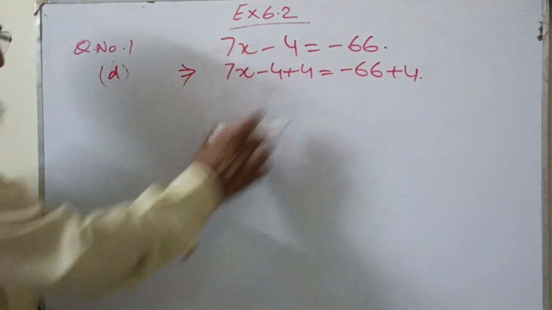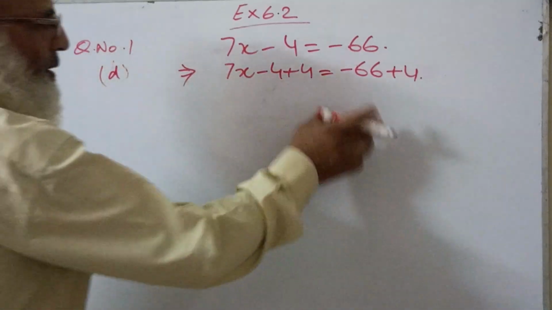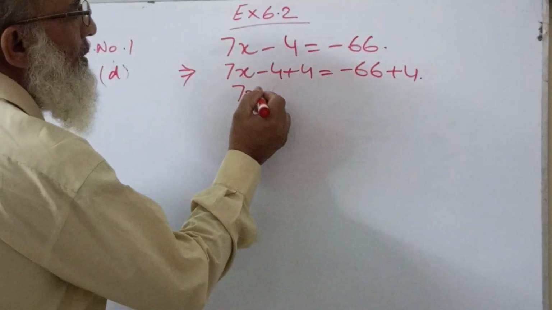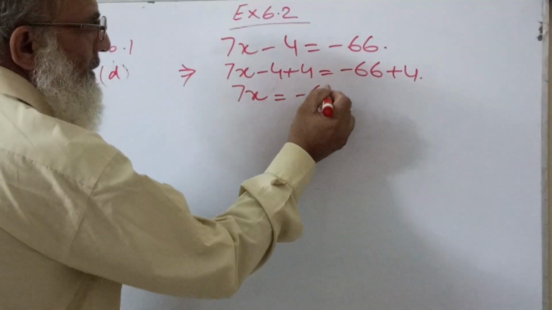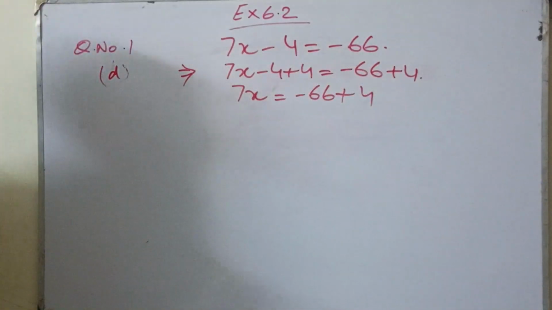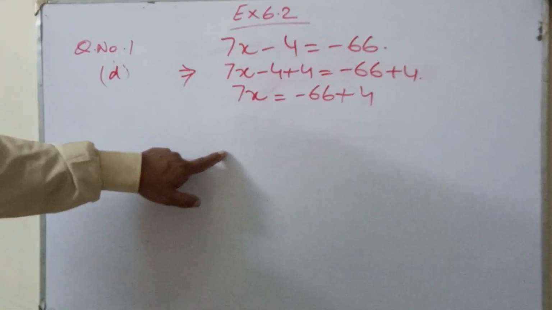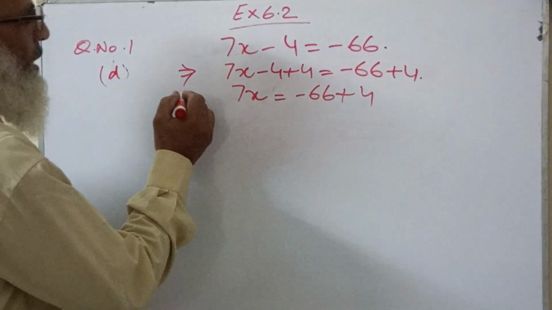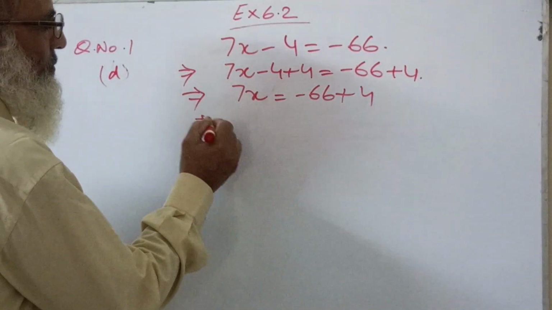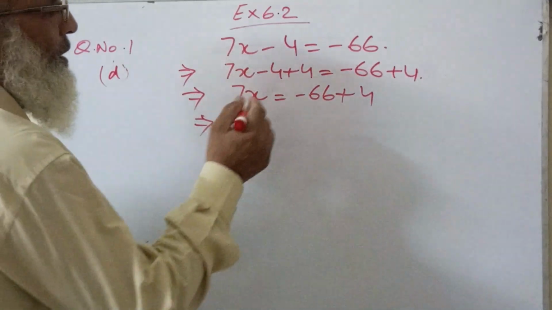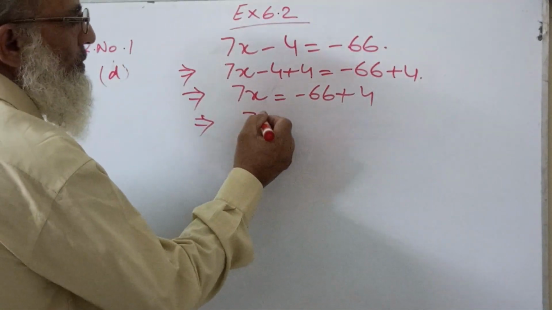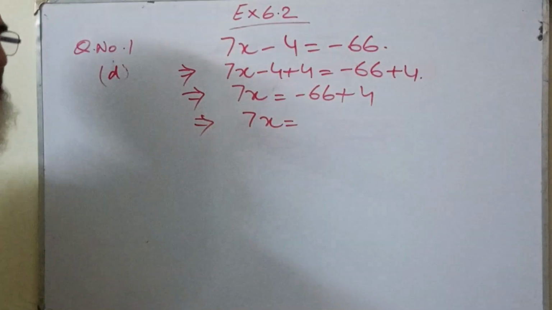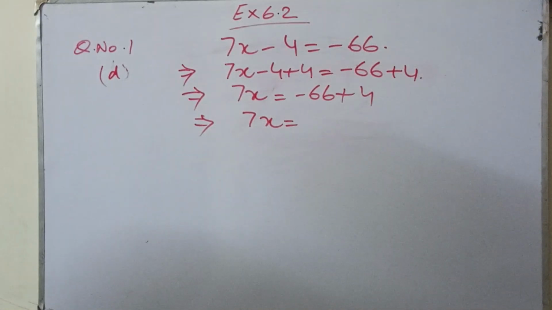You can also skip this step, like this is equal to minus 66 plus 4. This is also a valid step. Instead of doing this, you can directly do this. Now subtract 4 from 66.